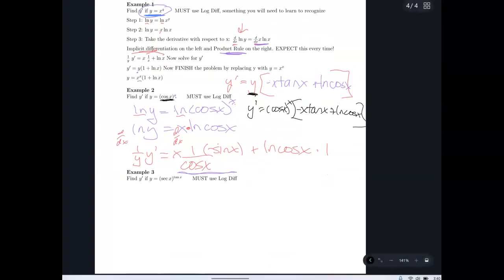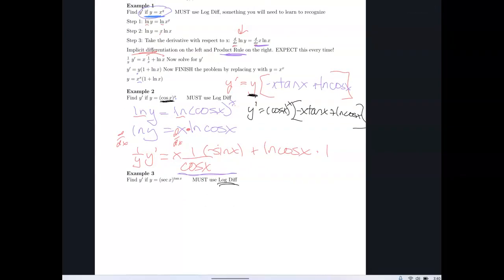Okay, last one. So you're going to have to recognize that log diff is necessary, logarithmic differentiation. So take ln of secant of x to the tangent. Again, take the time to do this step. Then bring the ln, or the tangent, down.